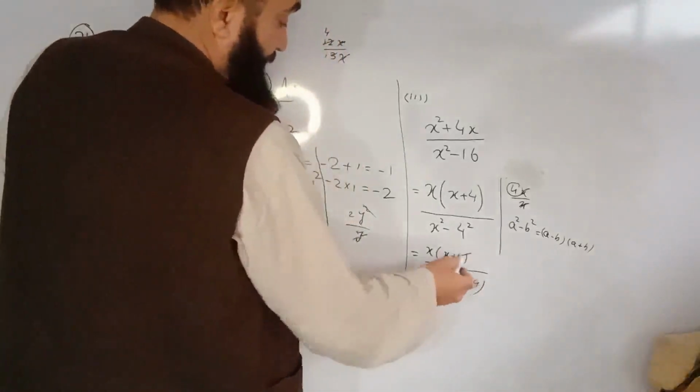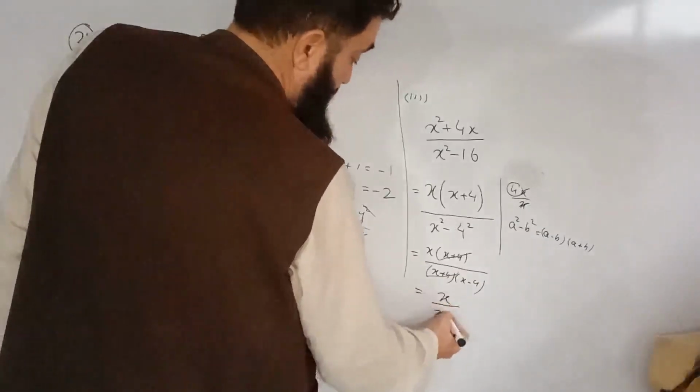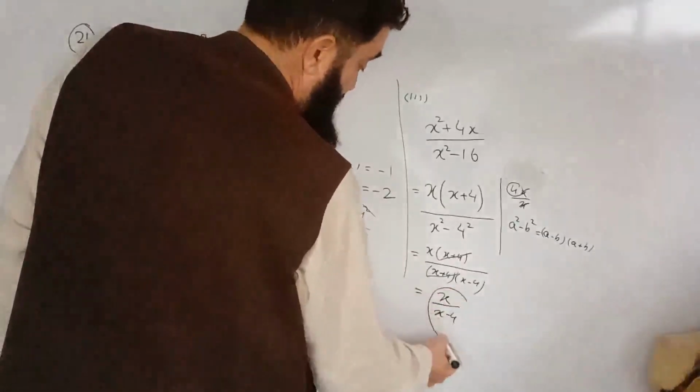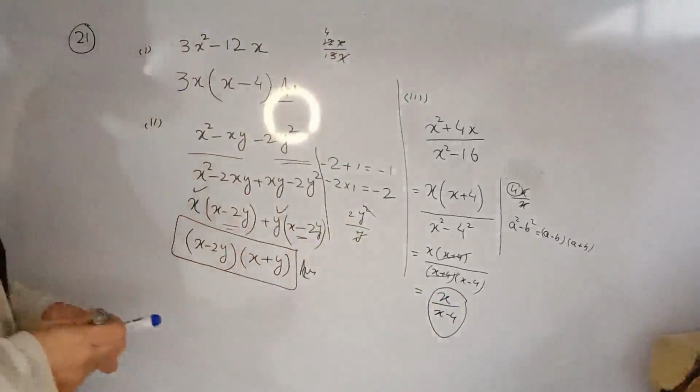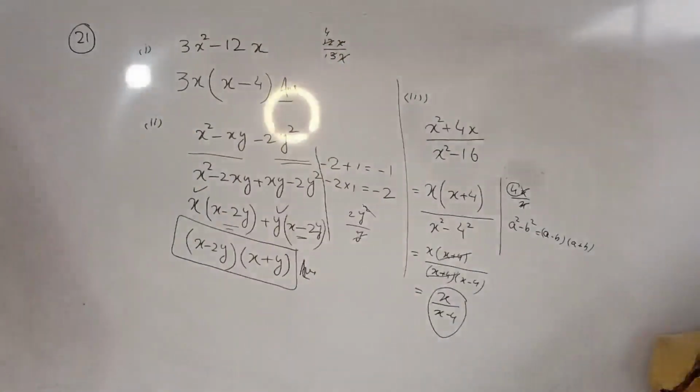This is cancelled and we are left with x over x minus 4. So this is the final answer. We have simplified this expression completely to x over x minus 4.